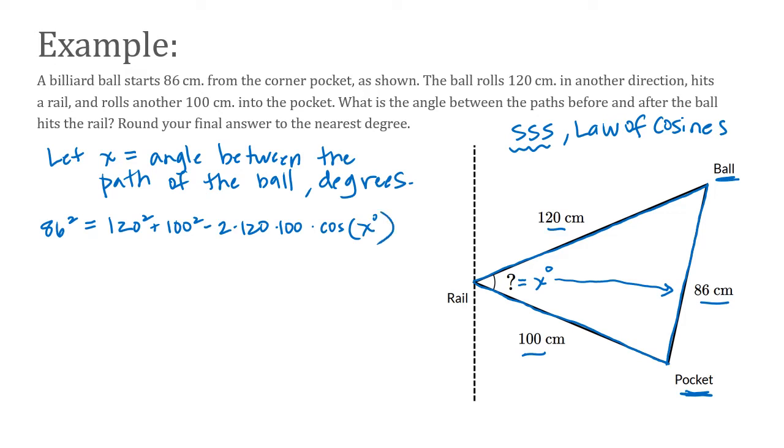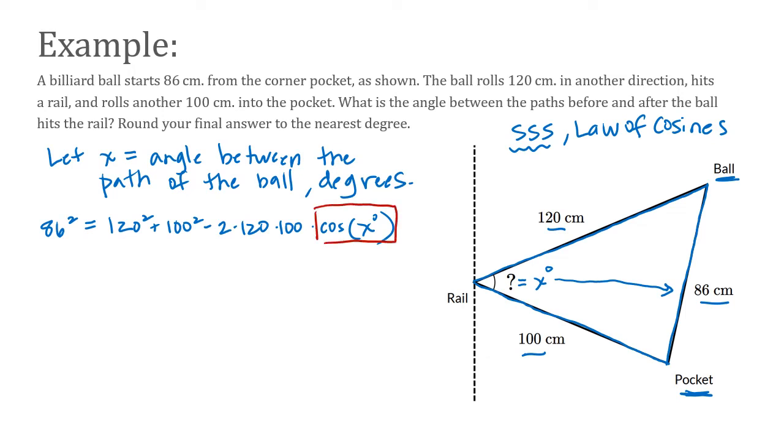You can understand maybe when I said earlier committing the law of cosines to memory, you write this out enough times and it starts to feel like you just know it. You're not memorizing it, you just know it. At least that's my hope. All right, so now I'm going to start trying to solve for the cosine of x.